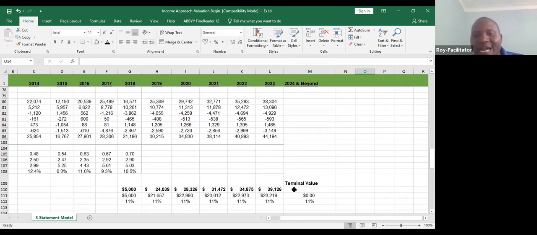Now, once we do that, we can calculate the terminal value. So what is the value of the business at that point of terminal value?